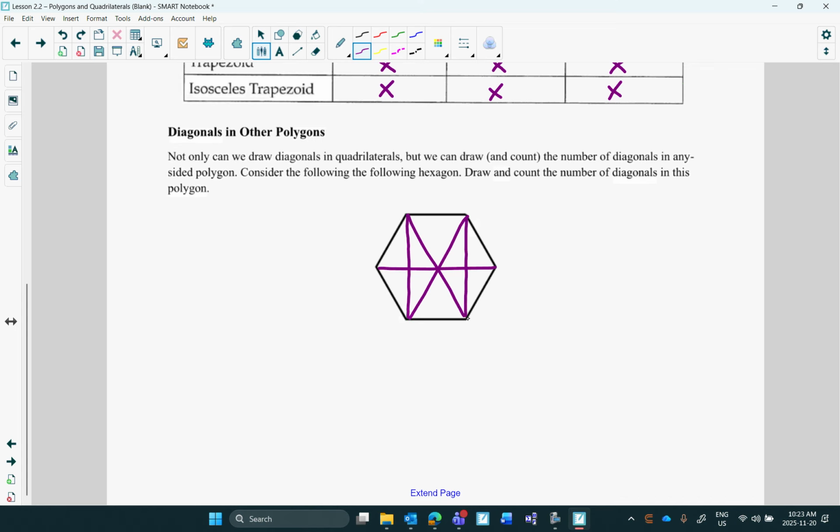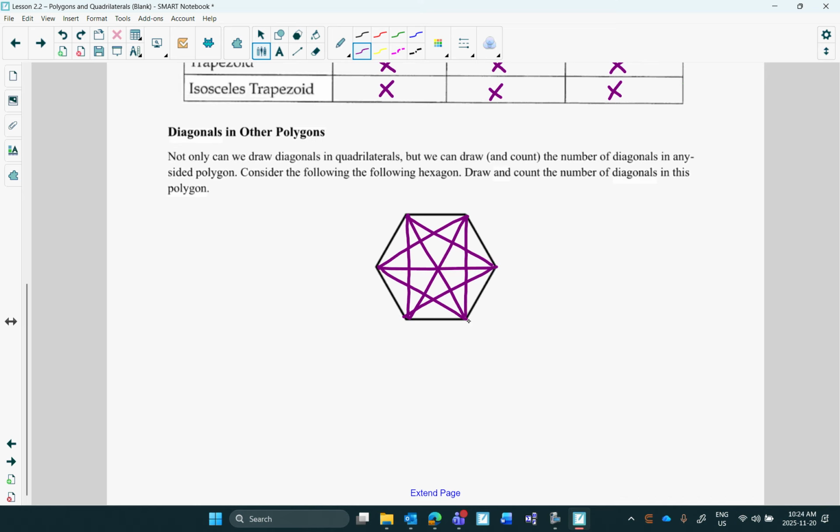You can go like this. Like that. So you can draw several diagonals, as long as it goes to a side that's not consecutive.